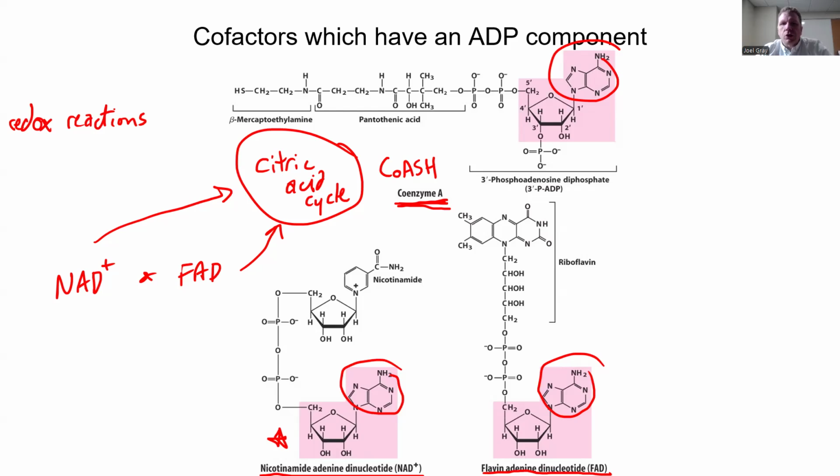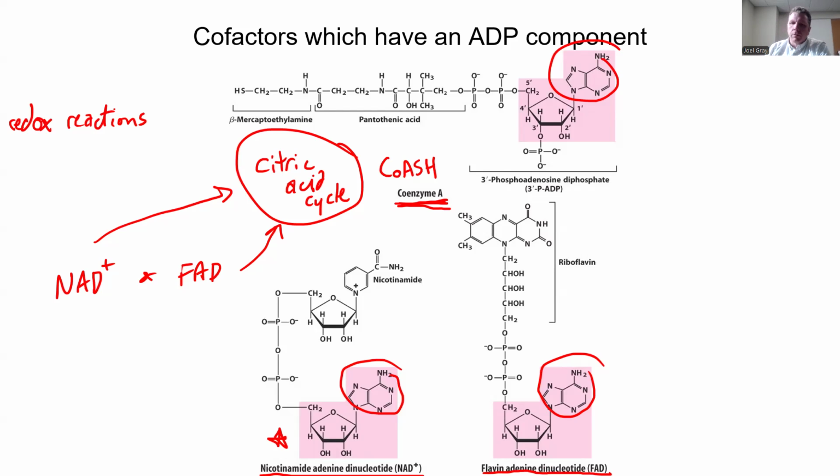So in addition to nucleic acids being involved in storage of genetic material, the cell cycle and replication and everything like that, I think everyone's pretty familiar with that, these nucleotides and nucleosides are huge components of integral metabolic processes.